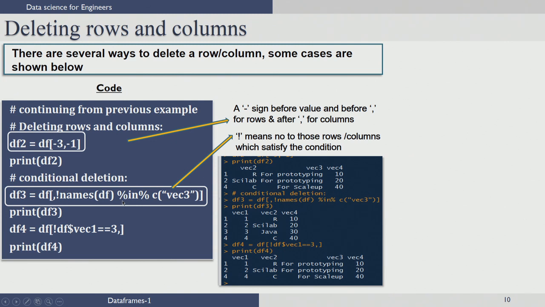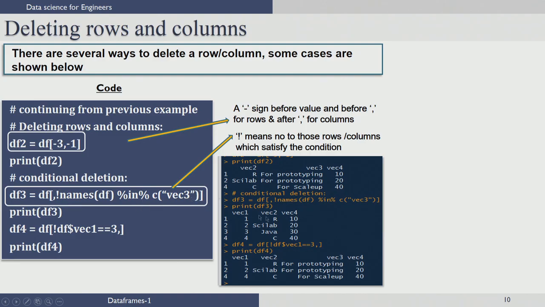We can also do conditional deletion of rows and columns. As we have seen, this command will delete column 3 from the data frame we have created. So, the explanation goes as follows. We have a data frame, we want to access all the rows, and in the columns we want to access those columns where there is no vector 3.